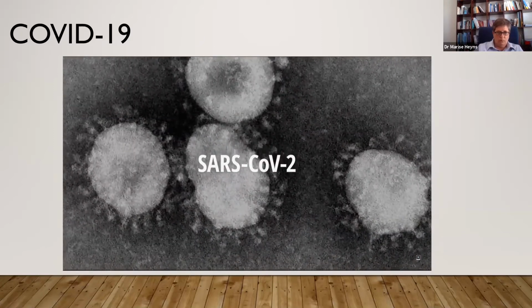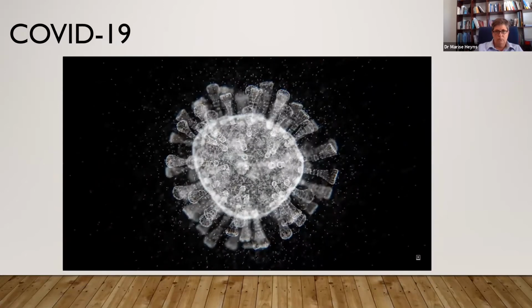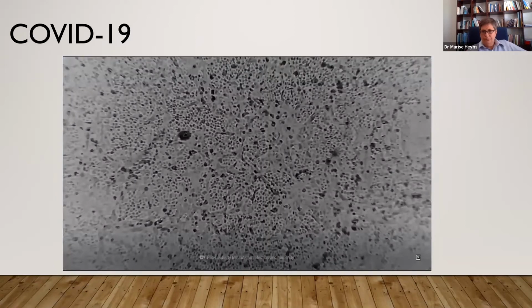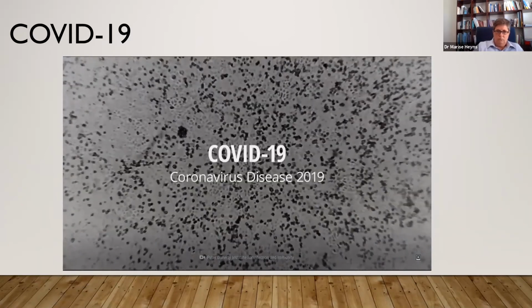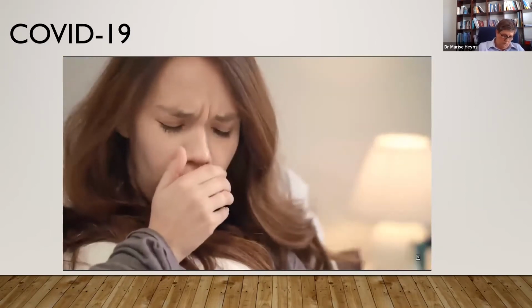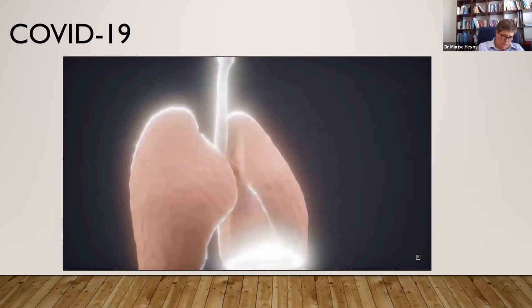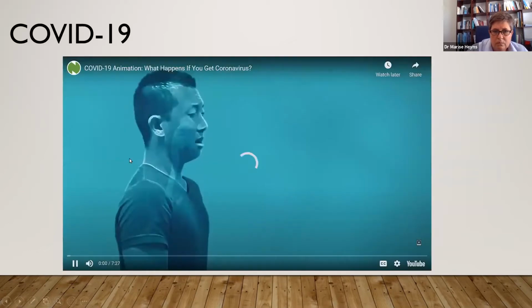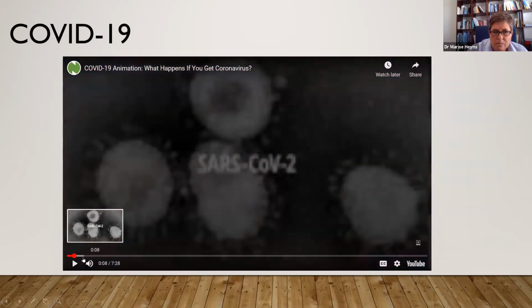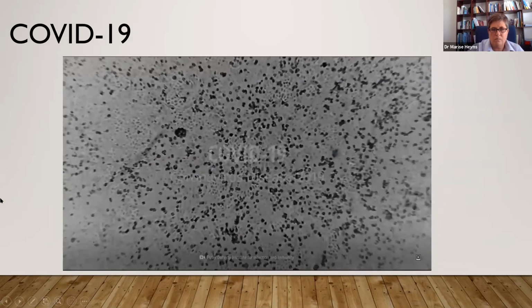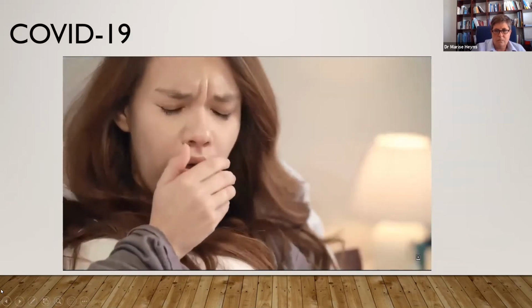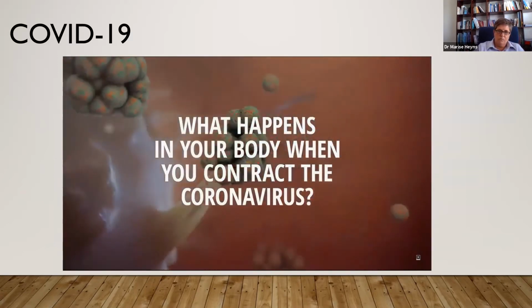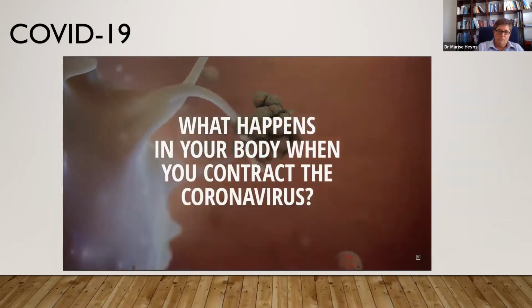This is SARS-CoV-2. It belongs to the family of coronaviruses, named for the crown-like spikes on their surfaces. SARS-CoV-2 can cause COVID-19, a contagious viral infection that attacks primarily your throat and lungs. What actually happens in your body when you contract the coronavirus?